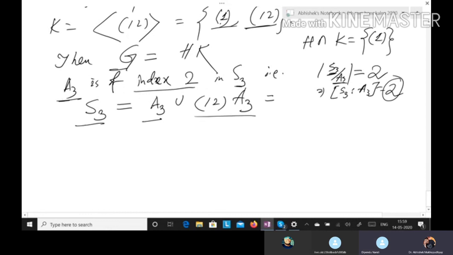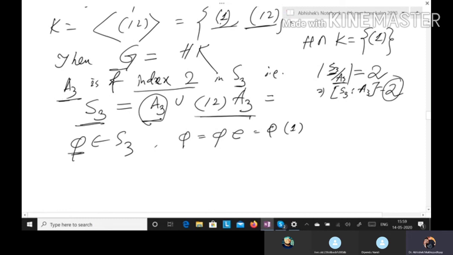This shows that if phi is an element of S3, then phi is either in A3 or in (1 2)A3. Either phi is an element of A3, so phi can be written as phi times E, where E is the identity permutation, or phi is written as (1 2) times psi.